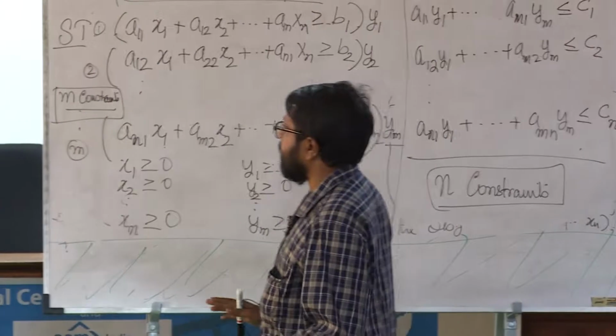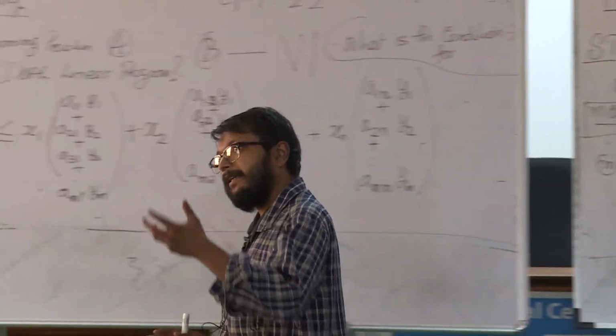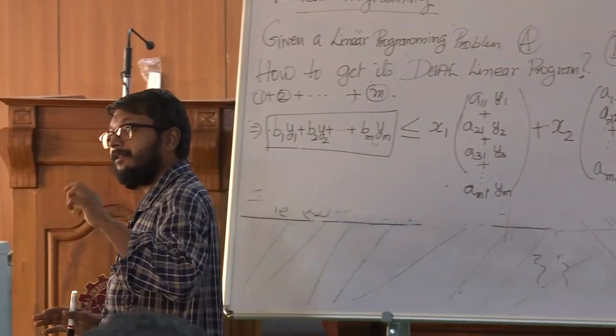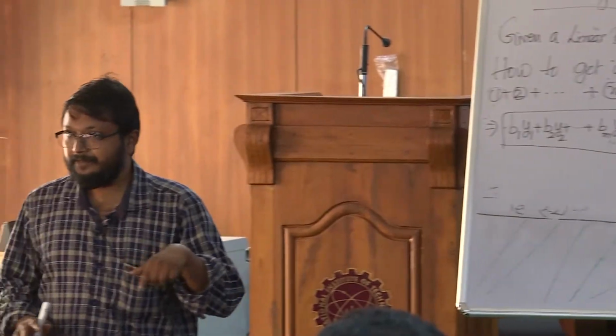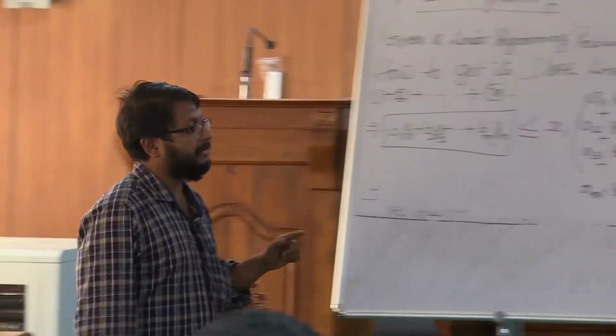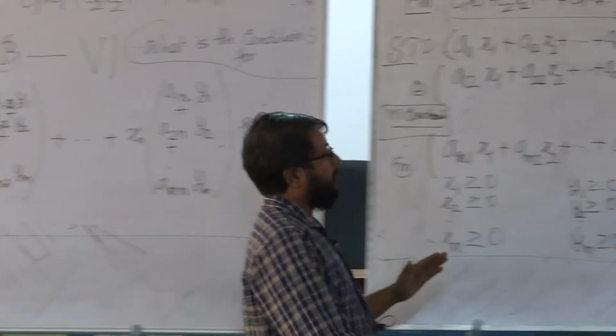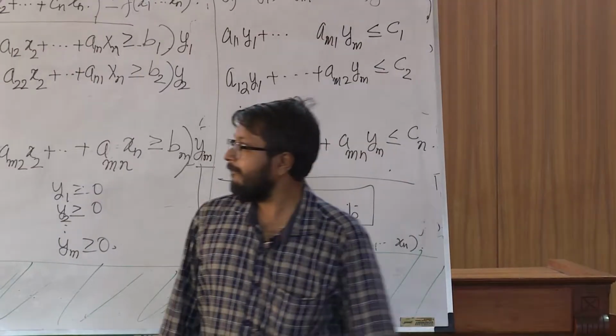Is this very clear? So this gives a linear constraint system for y1 to ym, and these are known as the dual constraints.